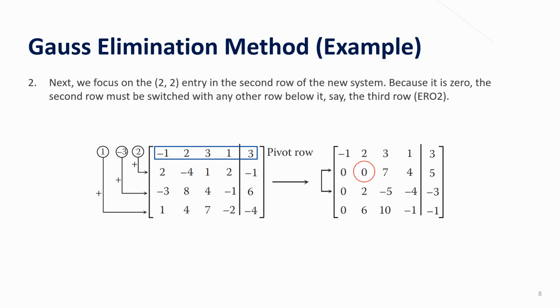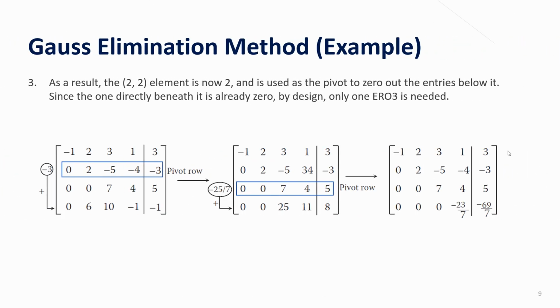Okay, next, after you have this one, actually you want the diagonal here to not be 0. In order to do that, you can use ERO2 to interchange these two rows, row 3 with row 2. After interchanging those two rows, you will get this new value.